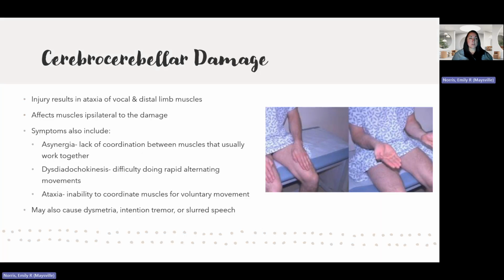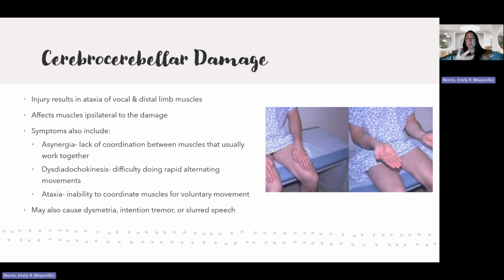Cerebrocerebellar damage. Injury results in ataxia of vocal and distal limb muscles. It affects muscles on the same side that are damaged. Some of the symptoms are asynergia, which is a lack of coordination between muscles that usually work together. Dysdiadochokinesia, which is difficulty doing the rapid alternating movements.